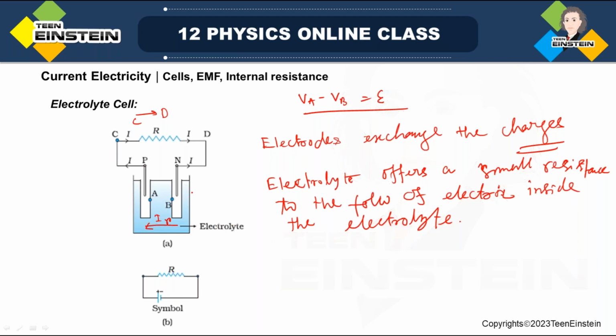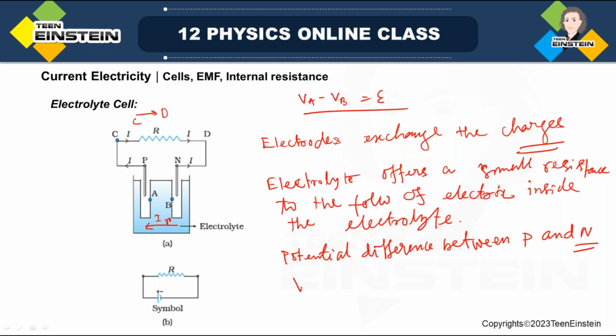Now see the potential difference across the conductor, between C and D, or maybe we can say P and N. So what is that potential difference?